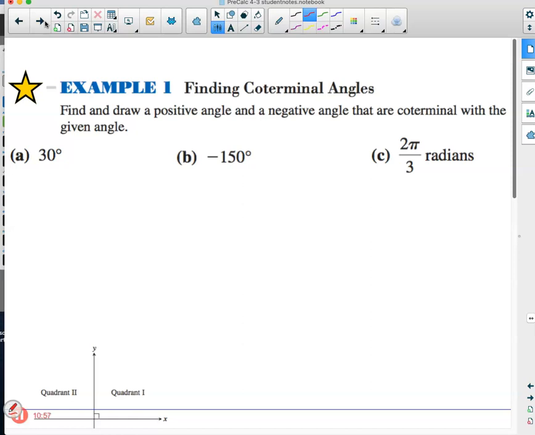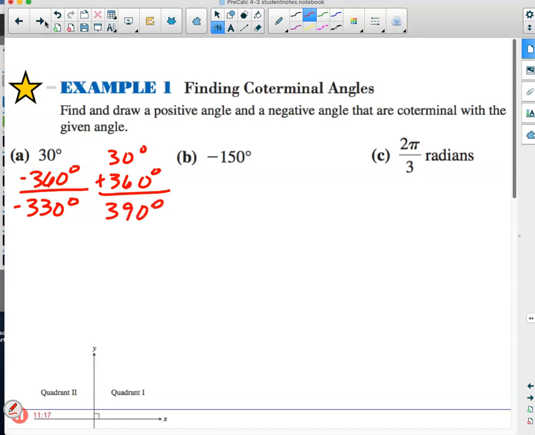So what we would need to do is take our little 30 degrees that we have, notice that it's in degrees, and we could subtract 360 from it and get a negative 330 degrees, or add 360 and get 390 degrees.